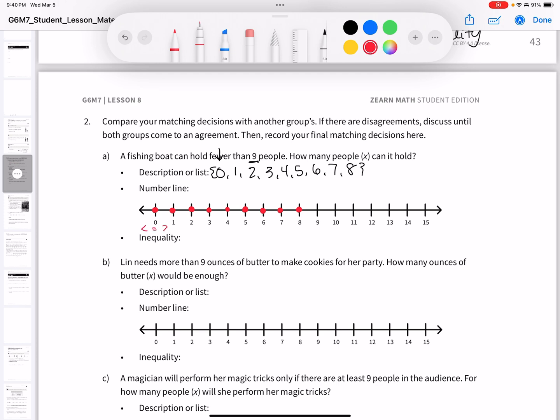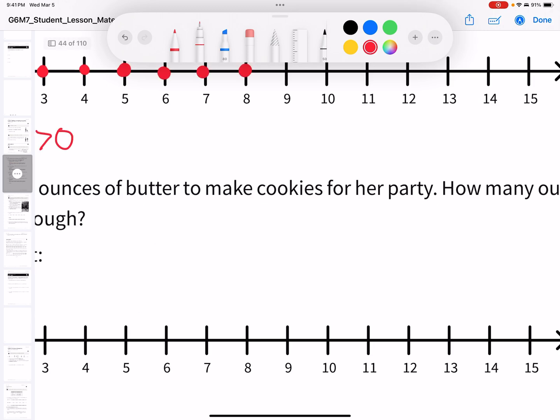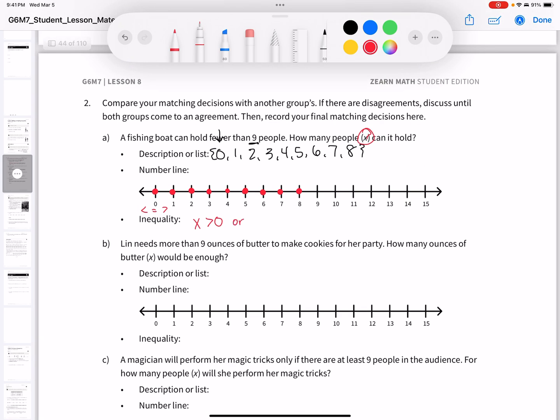So our inequality has to say X, the number of people, can be greater than 0, or X can be equal to 0, right? Because we can have 0 people, or we can have more than 0 people. And X has to be less than 9. It cannot be 9 because it says we have fewer than 9. Okay? So X can be greater than or equal to 0, and less than 9.